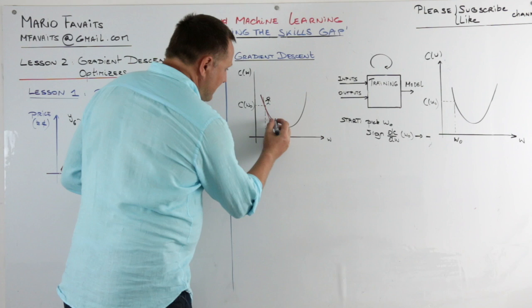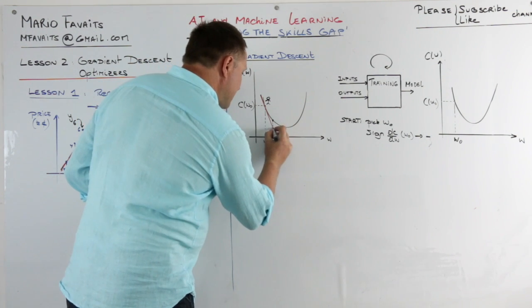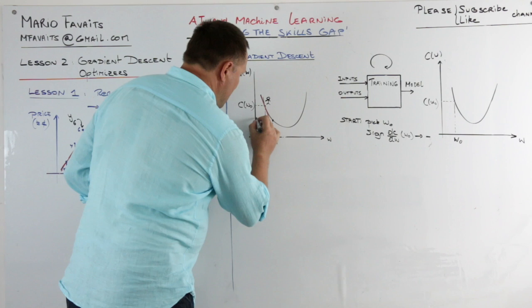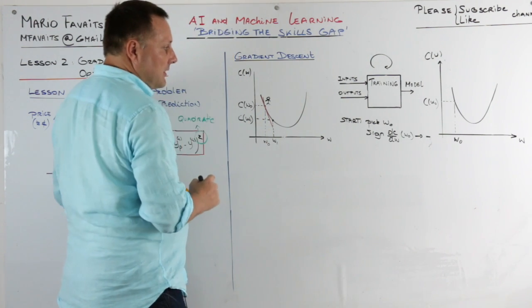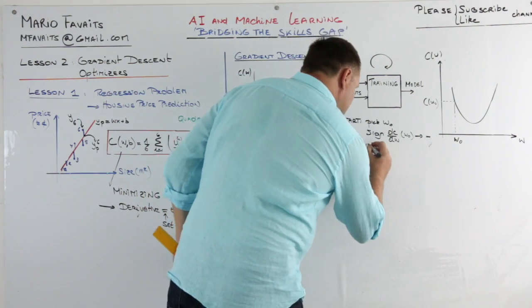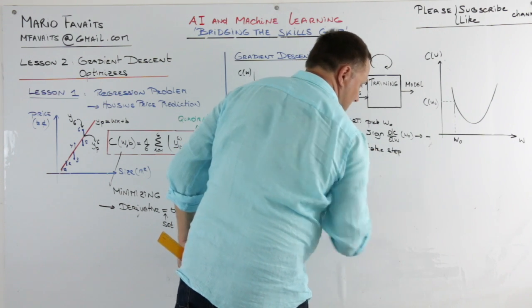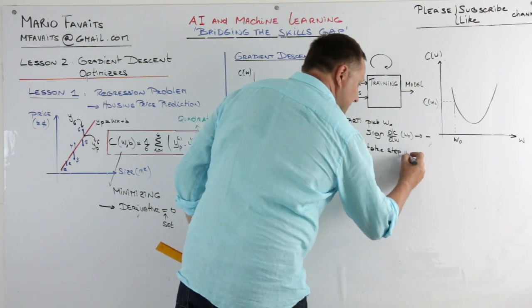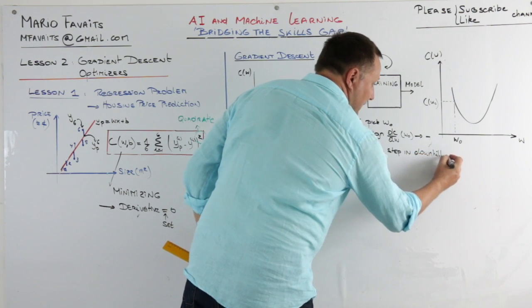Assume that he takes a step to here, then here we're going to do exactly the same. This is W1, and this is of course the cost in the point W1. So the sign is negative, then we take a step in the downhill direction.